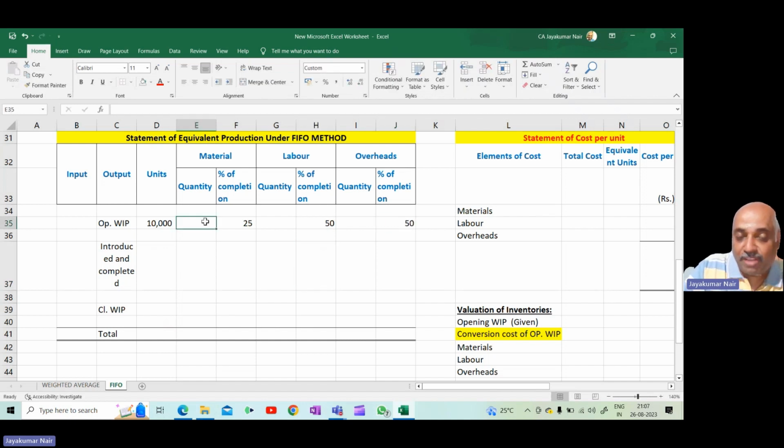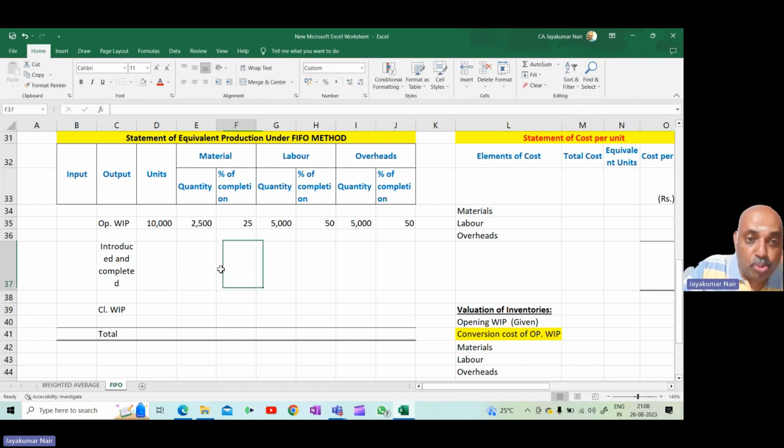So if you want to find out its equivalent production, it is 10,000 into 25%, which is 2,500. And 50% of 10,000 is 5,000. Similarly, 50% of 10,000 is 5,000.